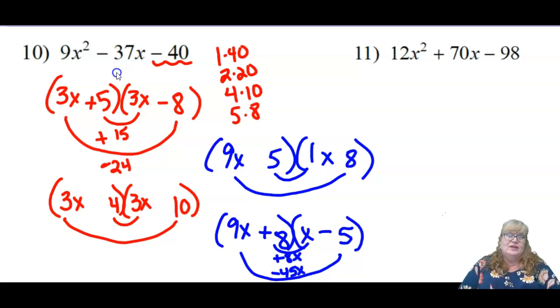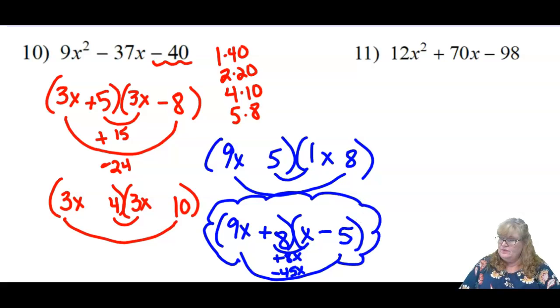Okay, so again, what you're trying to do, get them to multiply to this factor, put those in the front, multiply to this factor, put those in the back. And then you got to do this little inside-outside loop-de-loops and add those together to see if you get that middle term. So we were finally successful, but this one was tricky.